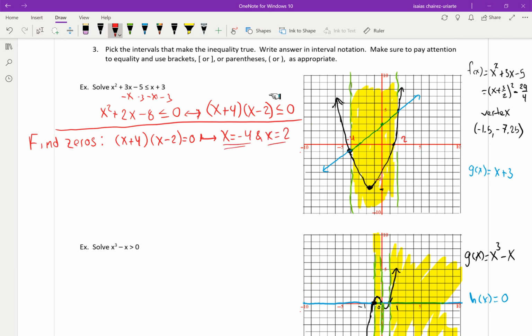Okay, so those are my zeros. And now what they do is create intervals in the Cartesian plane for me. These are called the test intervals. So we're going to say test interval.